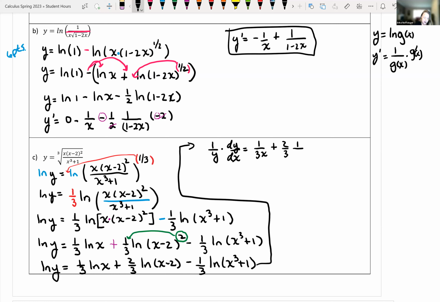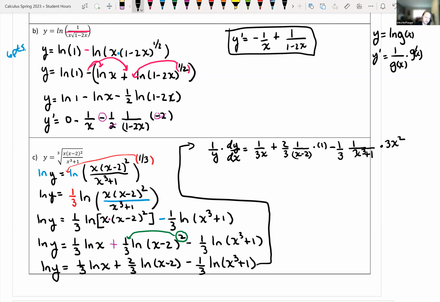So that's 1 over what we are taking the natural log of, x minus 2, times the derivative of x minus 2, which is just 1, minus 1/3 times the derivative of the natural log of x cubed plus 1. That's going to give us back 1/(x cubed plus 1) times the derivative of x cubed plus 1, which is 3x squared.